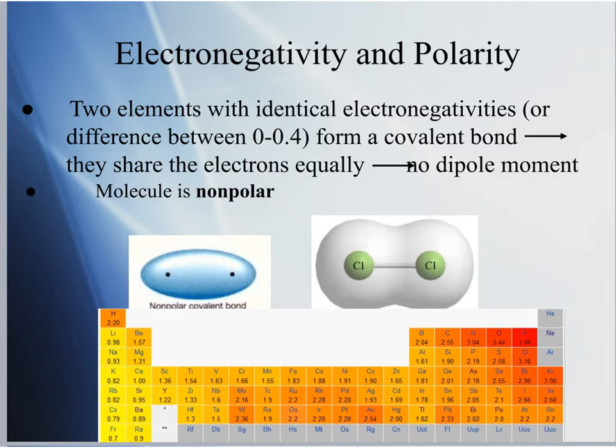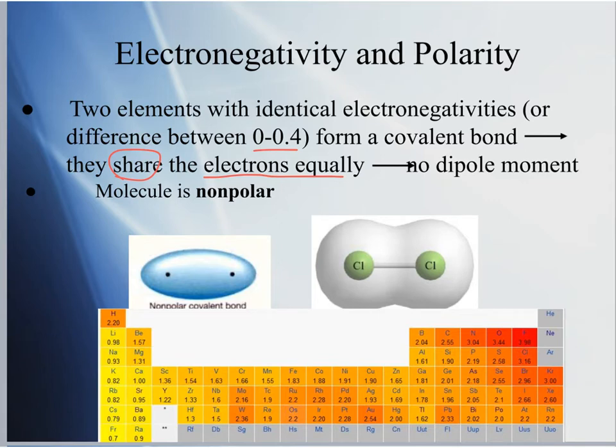So if two elements have basically identical electronegativities, or the difference in electronegativity is between 0 and 0.4, that means they are sharing those electrons equally. All right, so that means big brother's being nice to little brother today, and they both get 10 minutes on the Nintendo Switch, and nobody's hogging it.